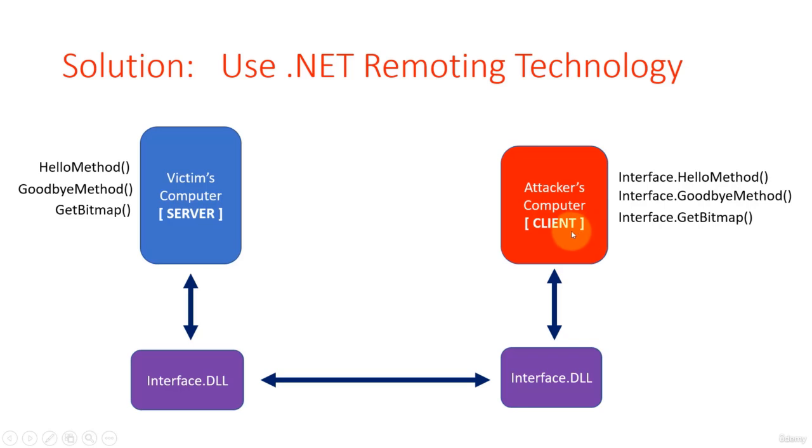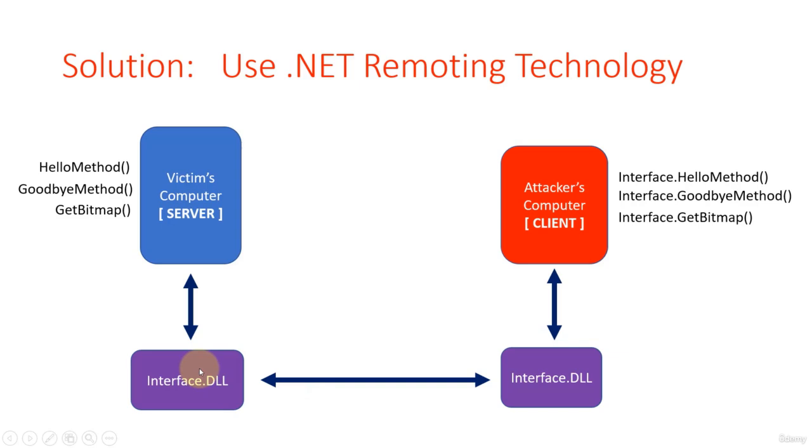So it will seem to the attacker client program that this method is a local method. That is the power of remoting. The attacker client machine does not have to worry about the network communication protocols and so on. The victim's computer will implement all the methods and expose these methods to the whole world, in other words to the client computer, using the interface DLL.